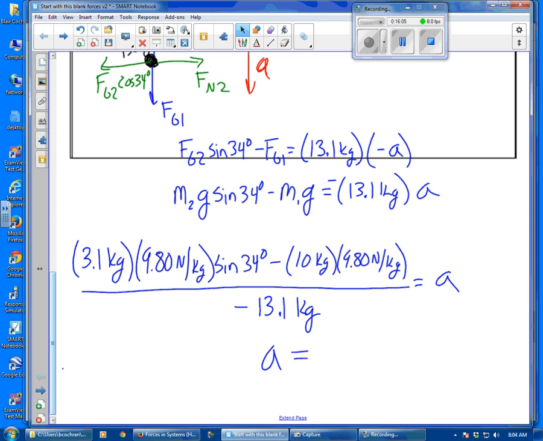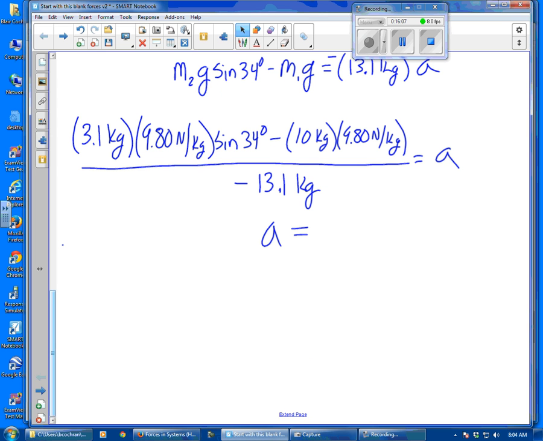Now remember, I'm solving for the magnitude of A. If I pick the right direction for it, I'm going to get a positive number. But we know that it moves in a negative direction. Let's see. 3.1.